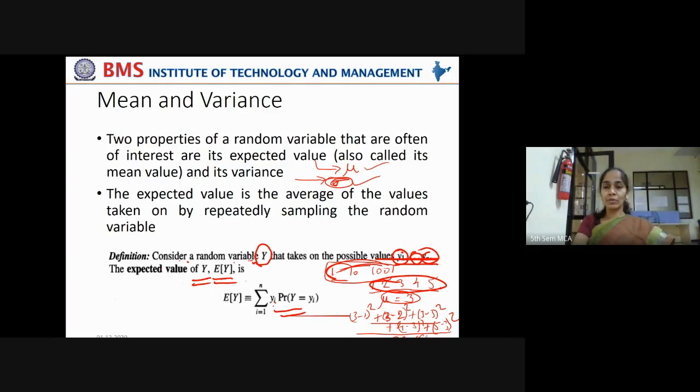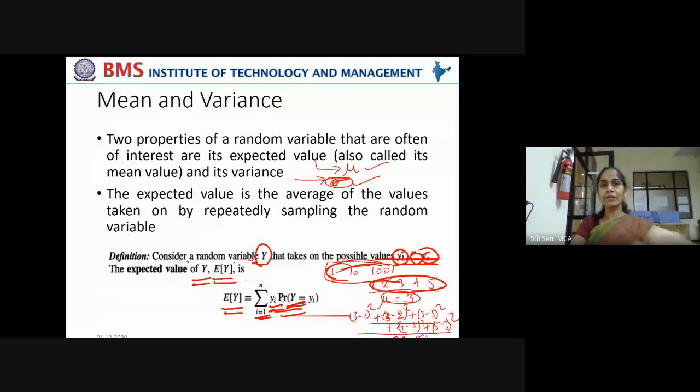multiplying the random variable's possible value by the probability of the random variable taking that value. Did you understand? The expected value of a random variable y, represented as E of y, can be calculated as the sum of, we are using sigma here, the sum of the product of the value of that random variable and the probability of that random variable taking that value.